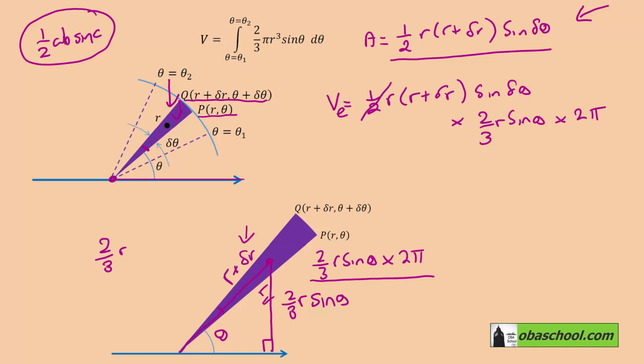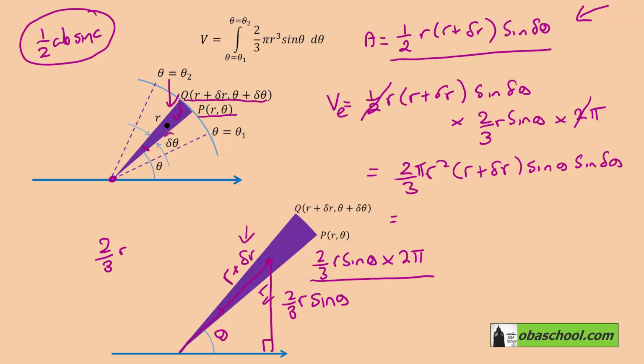The half and the 2 from the 2 pi will cancel. So we get 2/3 r squared, r plus delta r, sine theta, sine delta theta. And I almost forgot the pi there. Let's put the pi just here.